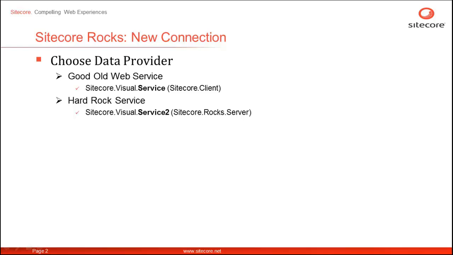We will explore both the services in the following demo. As already discussed, Hard Rock service is specific to Sitecore Rocks and is updated frequently with Sitecore Rocks release. Therefore, it should not be used in production environment as it may not be stable and safe for production environment.